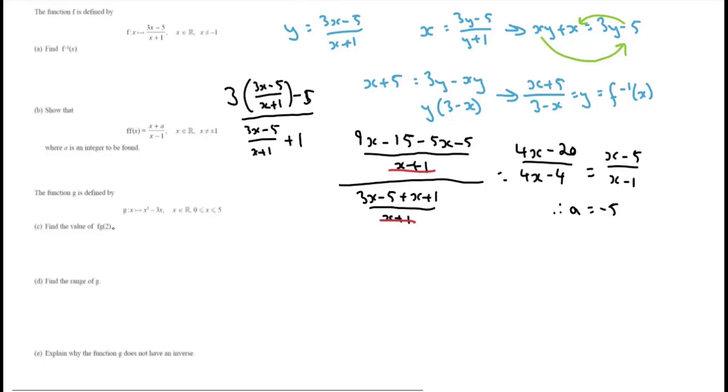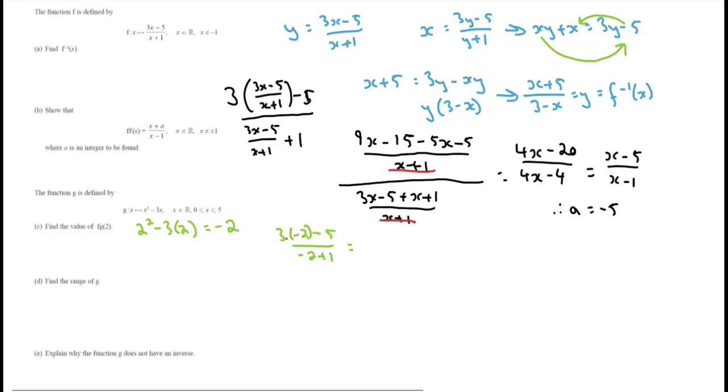Well, if we were to work out g of 2 first, that's going to be 2 squared minus 3 lots of 2. 2 squared is 4, 3 times 2 is 6, so 4 minus 6 is going to equal minus 2. If we now put minus 2 into f, we would have 3 lots of minus 2 minus 5, over the minus 2 plus 1.